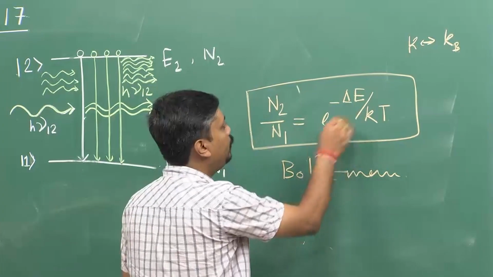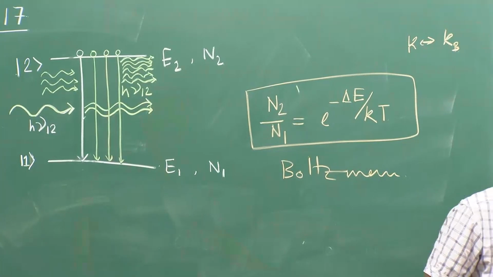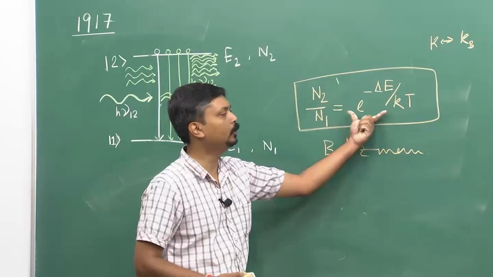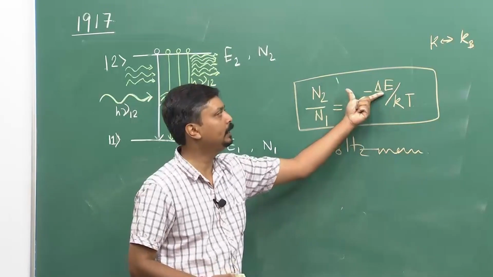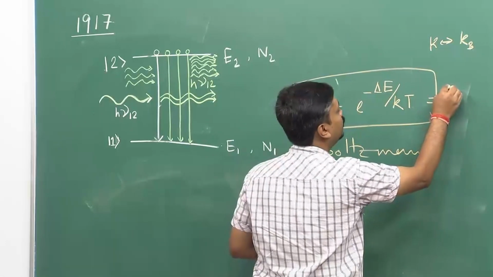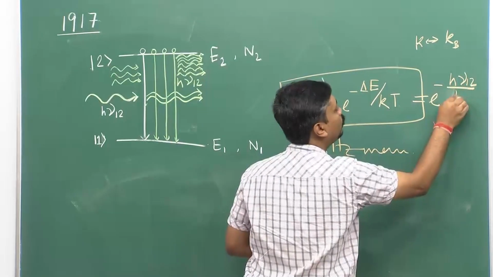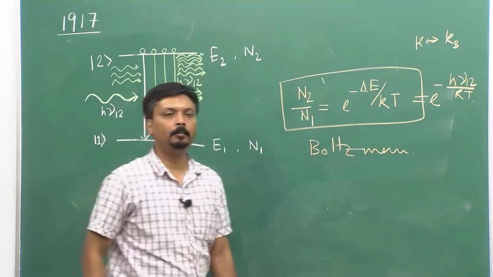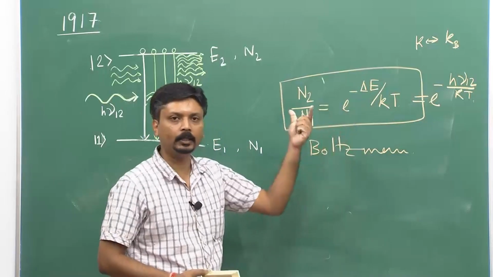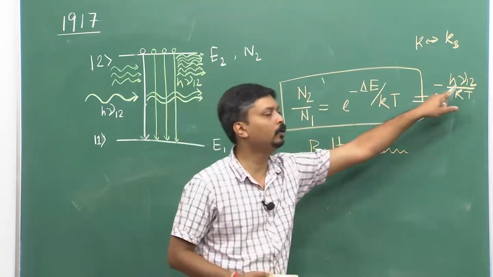So, if we use this instead of this N2 by N1 in this expression, I will get the expression in terms of this exponential, and here this delta E I can further write like e to the power minus h nu 12, right, because the delta E here in our case actually refers to E2 minus E1, which is equal to h into nu 12.